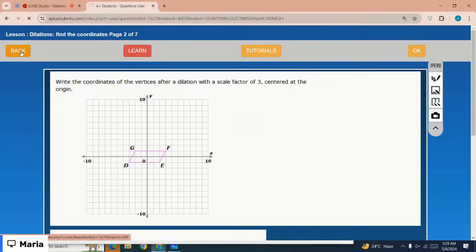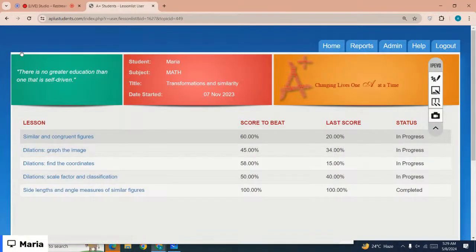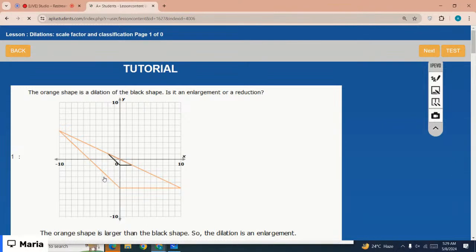Let me just move on to the next lesson, and the next lesson is dilation, scale factor, and classification. The orange shape is a dilation of the black shape. Is it an enlargement or a reduction? So the black shape is smaller.